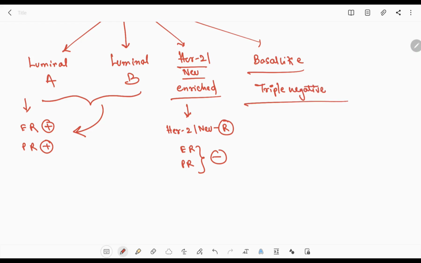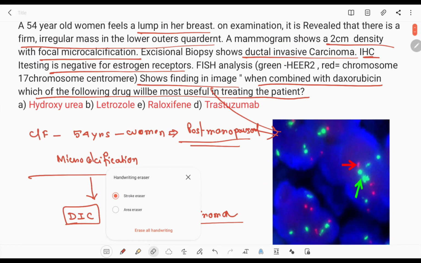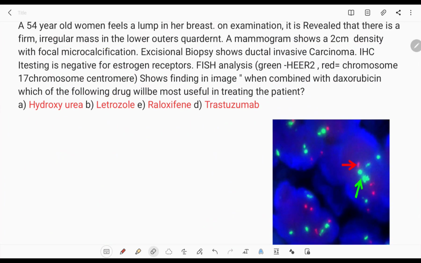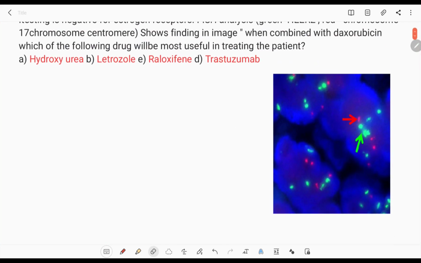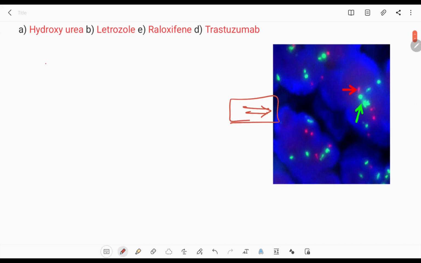To identify the molecular pattern of the cancer cell, we take the help of the FISH technique. The image given is determined by the FISH technique. So let's understand what FISH is. FISH means fluorescent in situ hybridization.